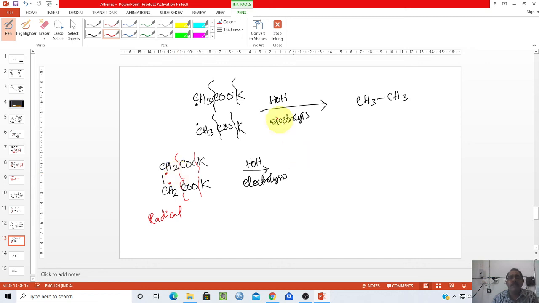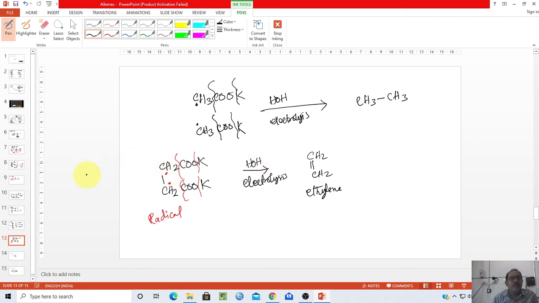It will be like this. So CH2, already one bond is there, one radical here forms a new pi bond. So now you got ethylene. This is from Kolb's reaction.